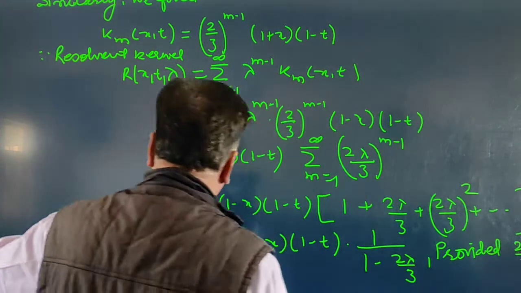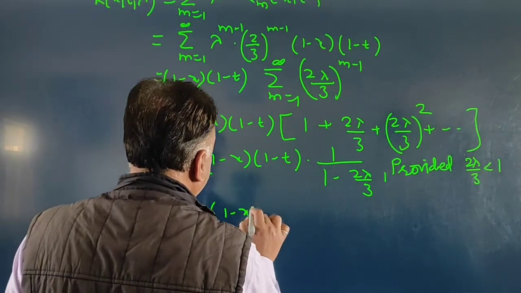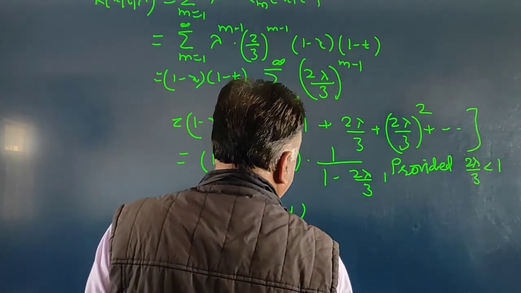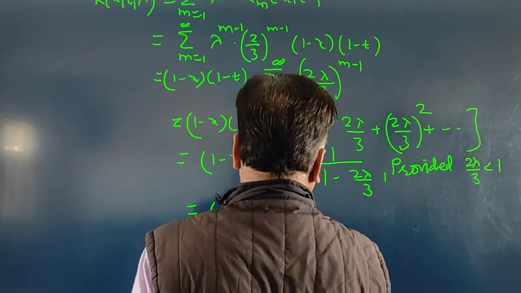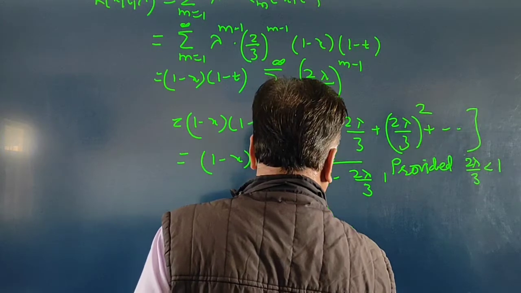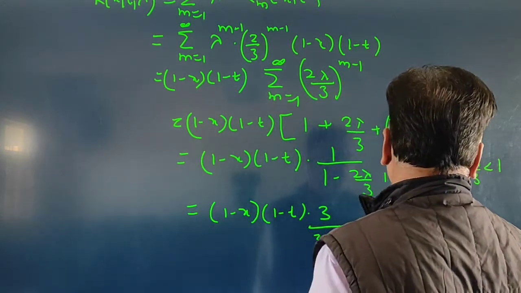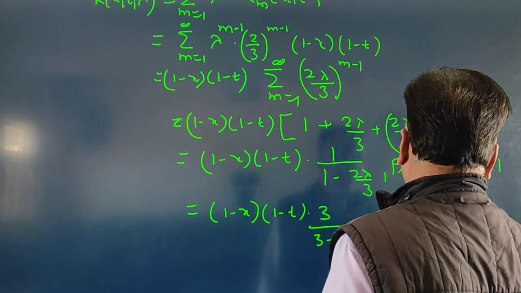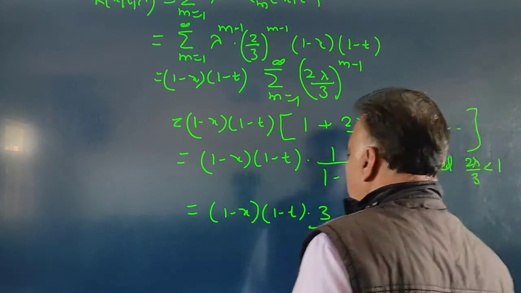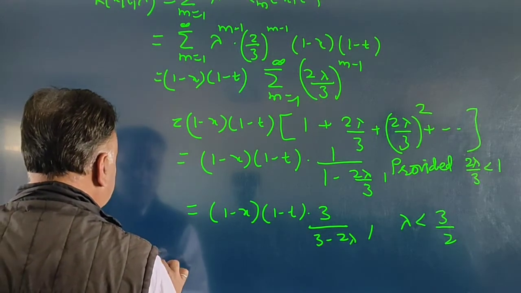Means this is equal to (1 plus x)(1 minus t) into 3 upon 3 minus 2 lambda, provided 2 lambda upon 3 is less than 1, that is, lambda is less than 3 by 2.